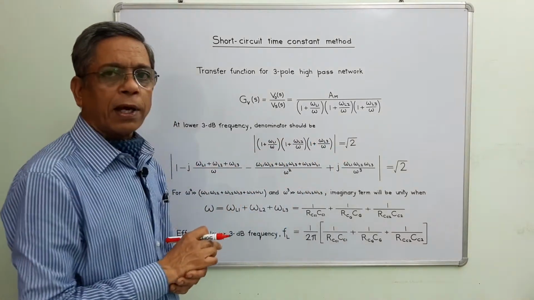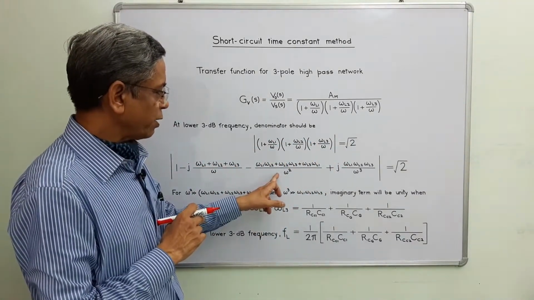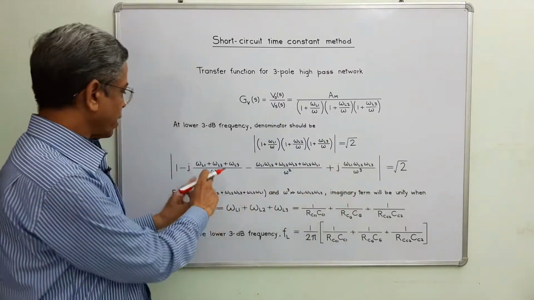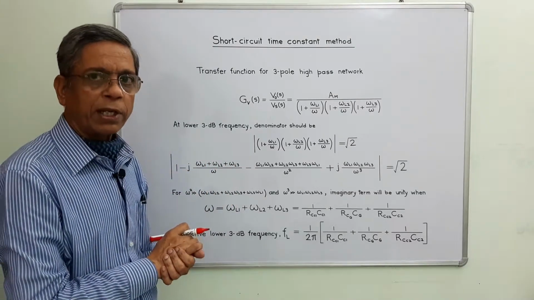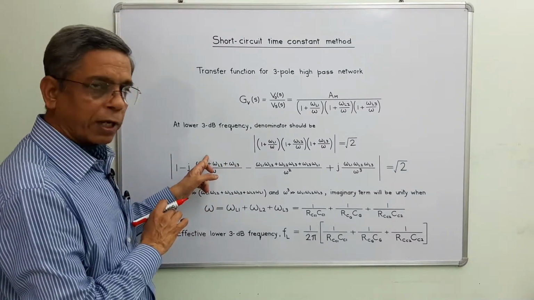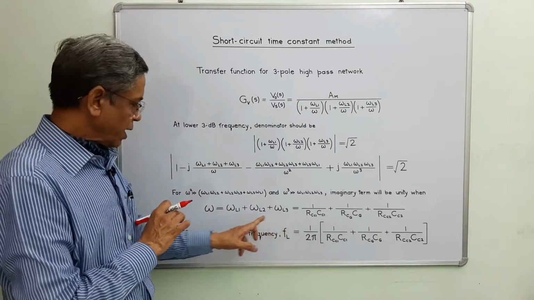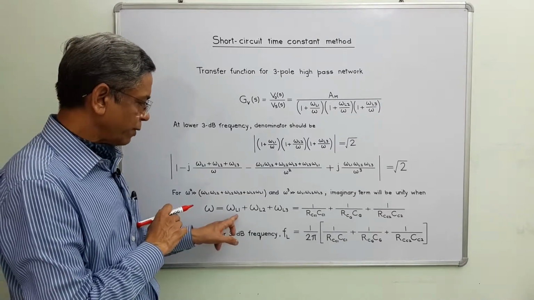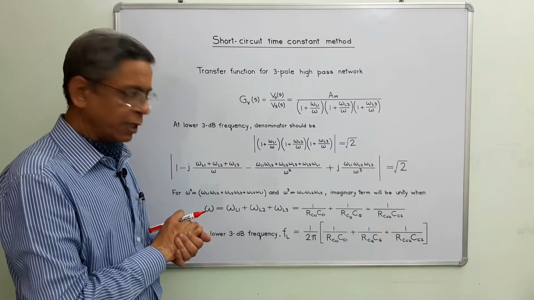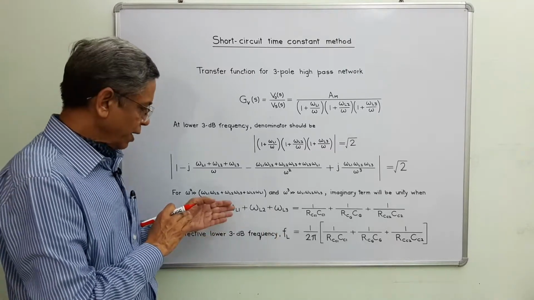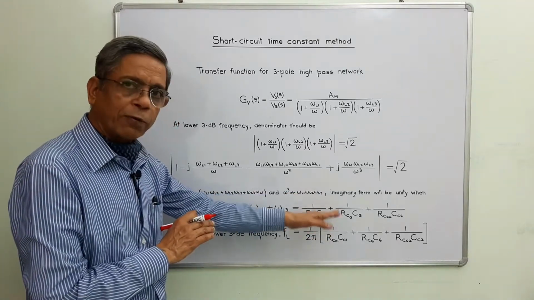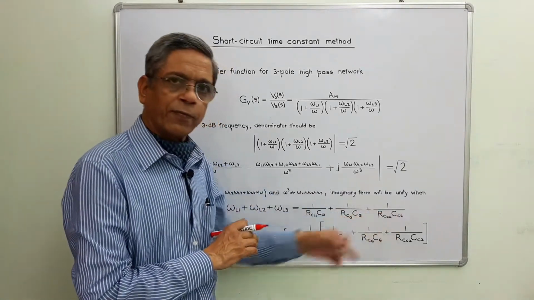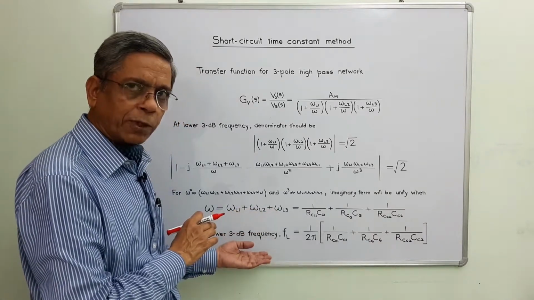Just opening and considering this denominator is far greater than this numerator, and this imaginary term will be unity when denominator is equal to numerator. This is the condition, and this is called effective lower 3 dB frequency, and this is in fact the sum of these three pole frequencies corresponding to these three capacitors, and in fact the sum is equal to the sum of the reciprocal of the time constants corresponding to these three capacitors, and we can write this expression in terms of Hertz also.